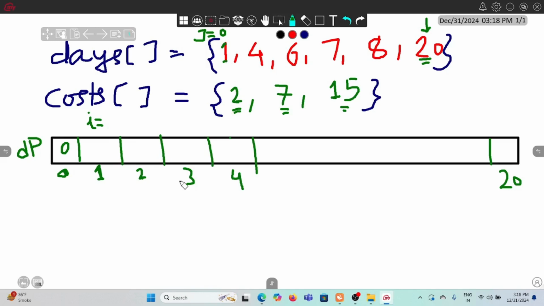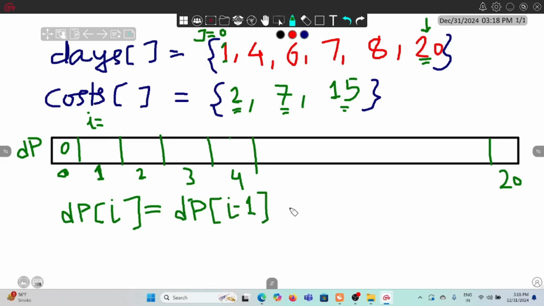So we have to use one dynamic programming formula. If we are going to fill dp of i, what we will do is dp of i minus 1, because till i minus 1 it was just the day before, right? So dp of i minus 1 plus cost of what?